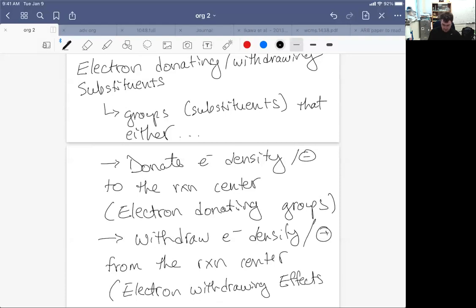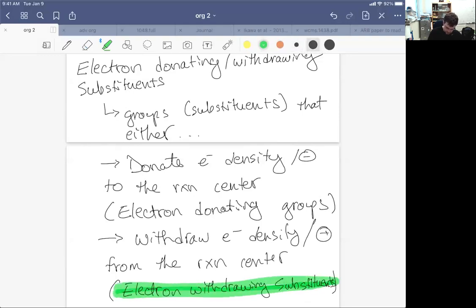So we have two effects. We have electron withdrawing, or electron withdrawing substituents, I should say. Sorry, let's have some parallelism. So we have our electron withdrawing substituents and our electron donating substituents.